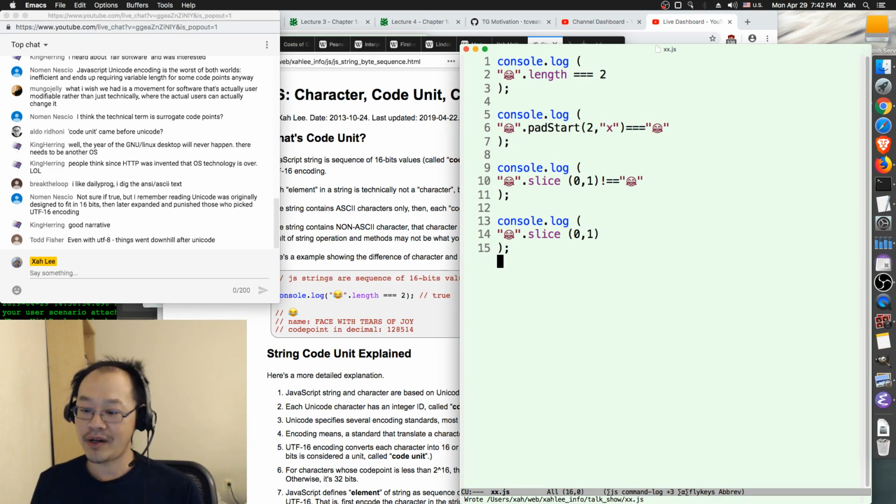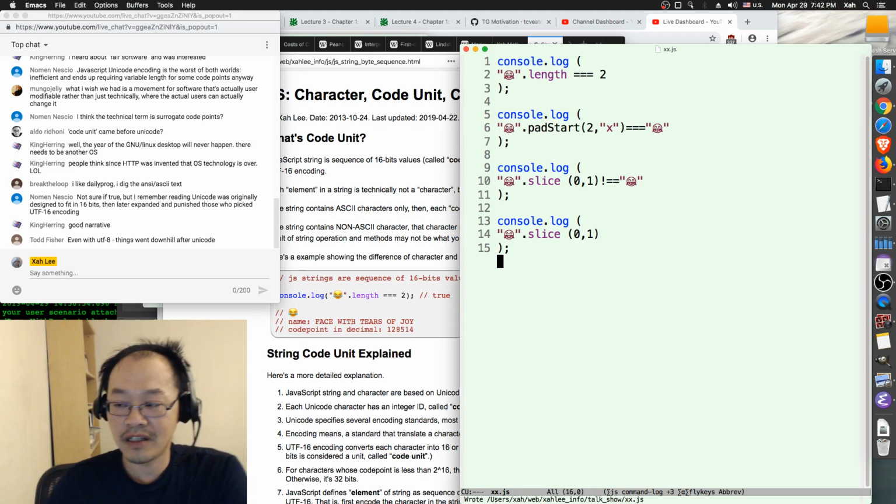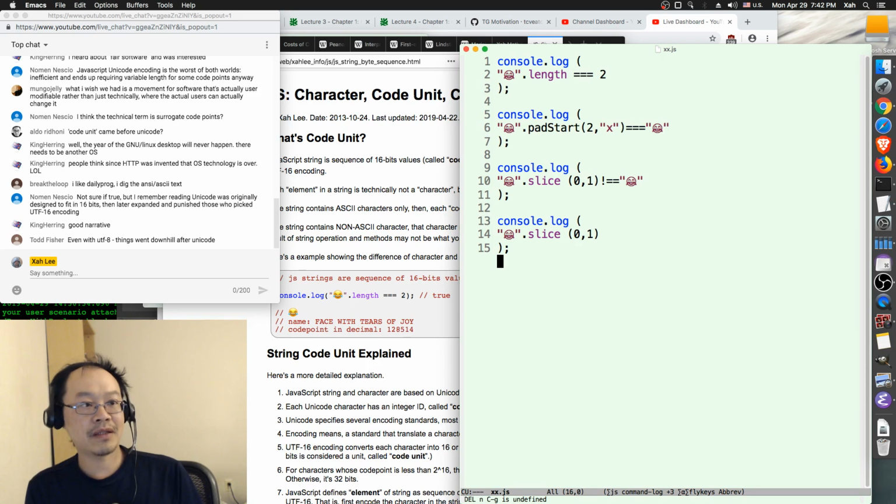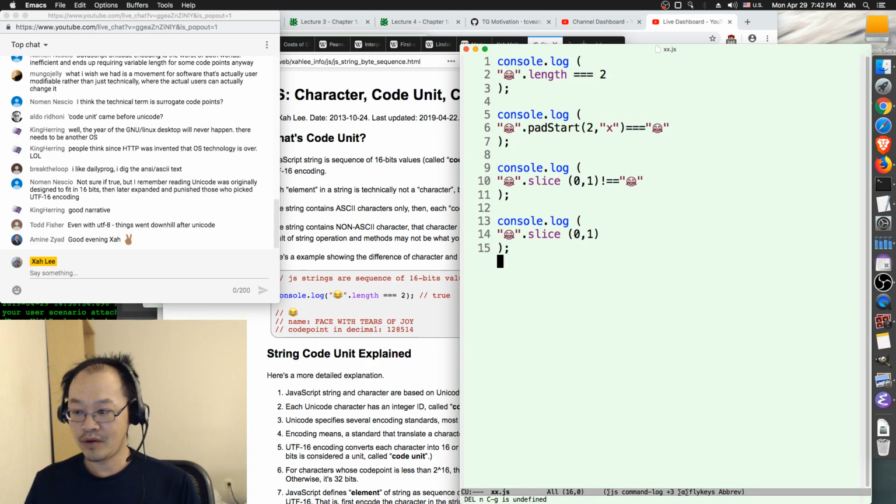And when a character's encoding in UTF-16 has 32 bits, you start to have a problem because the index does not correspond to the characters. That is why, in Java too, whenever your string contains a character whose code point is beyond 16 bits, you have problems. All string functions or string methods will break.